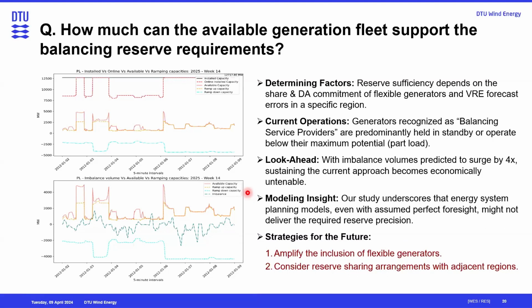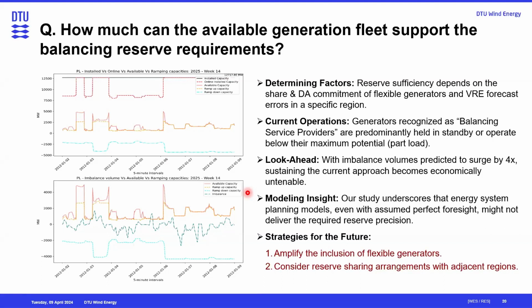The black line you can see in the top figure is the installed capacity, and the red line is the online installed capacity. The total installed capacity is 12.7 gigawatt.